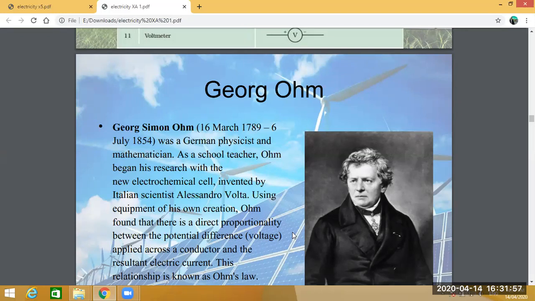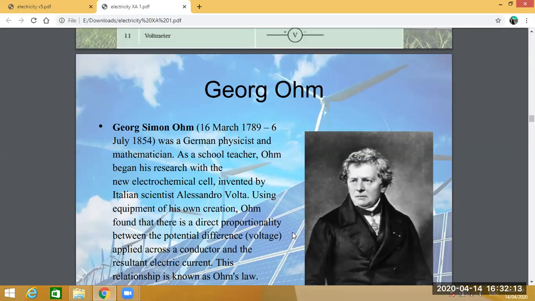He was a German physicist and mathematician. Georg Simon Ohm was a German physicist and a mathematician, and he taught in a school as well.